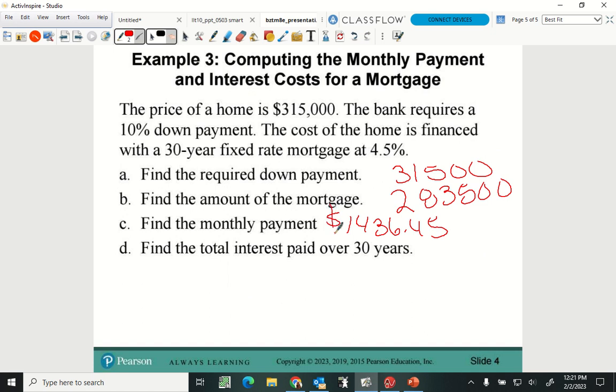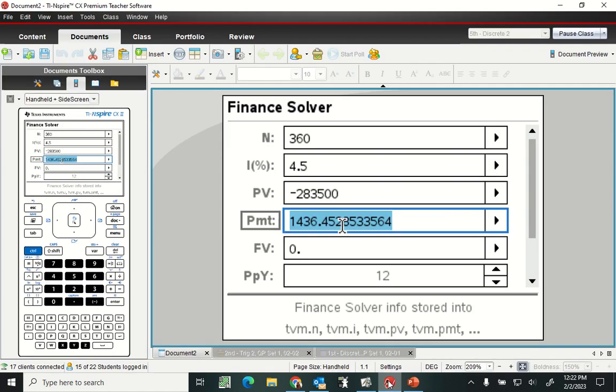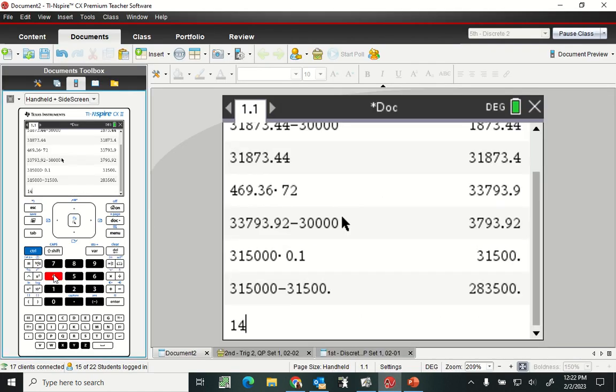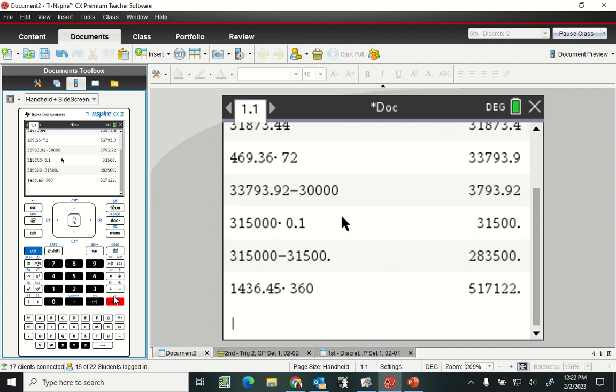Find the total interest paid over 30 years. To figure out the interest, that should be my A minus the P, right? So we have to figure out the A. 1436.45 times how many times did I make that payment? 360 times. 517,122.